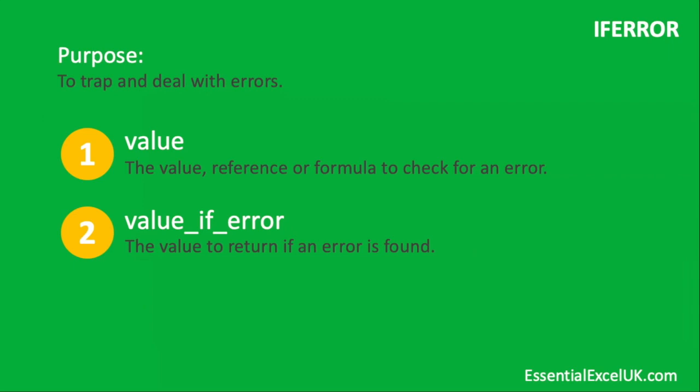So in essence, point number one, if we're going to be nesting another function into this formula, then the value part is where we'll be putting our formula, or the value part could just be a reference to another cell. And then number two is to say, okay, if the result from value does contain an error, what do you want us to do?